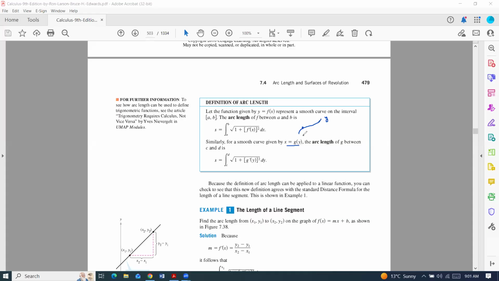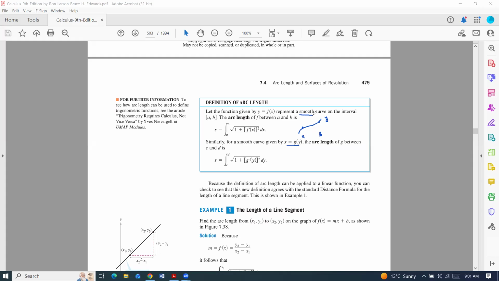So from the interval that starts at a and ends at b, you could use the function, of course, if it has a derivative. That's the part that they don't really tell us, but the keyword is smooth curve.